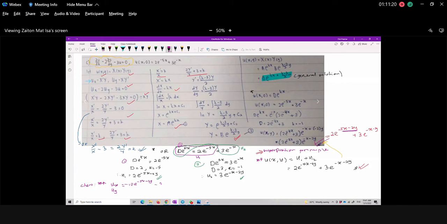And then minus 3e to minus this. This is ux and then you do uy. You check. I have my calculation over here. This one should be true. You can prove that it satisfies ux minus 2uy minus 3u equals 0. Then you try to check this one. Is it satisfied or not?